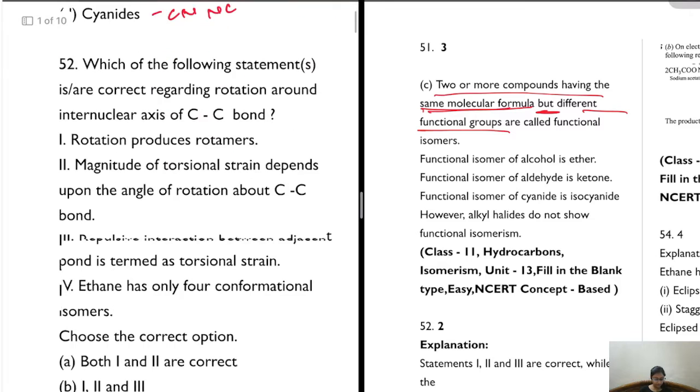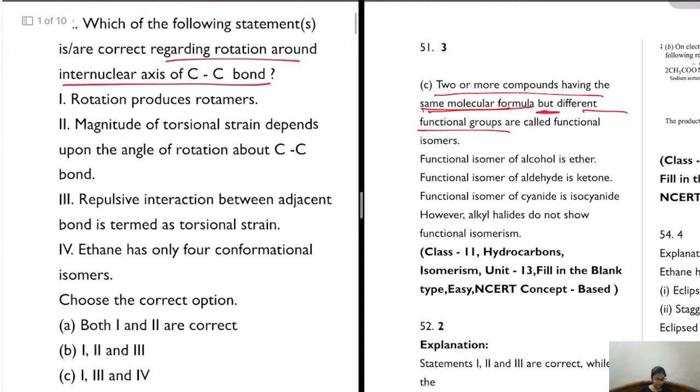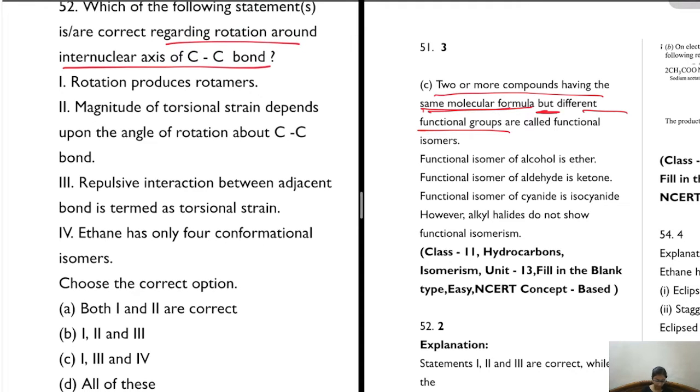Let's move forward to the next question. Which of the following statements are correct regarding the internuclear axis of the C-C bond? Let's see the statements. Rotation produces rotamers. Yes, this is right, because rotation along the C-C bond will produce conformers or rotamers.